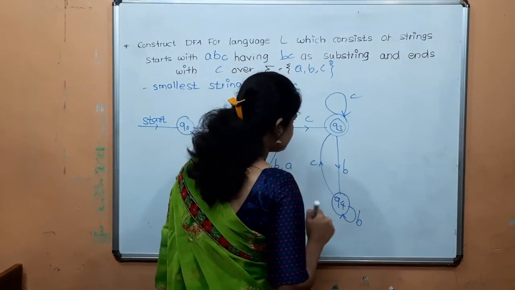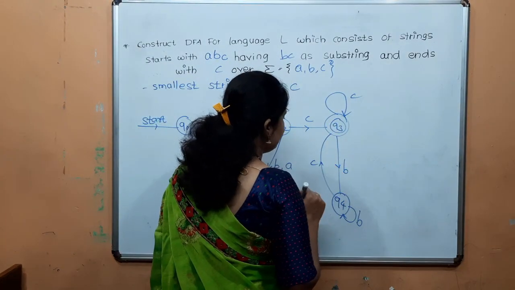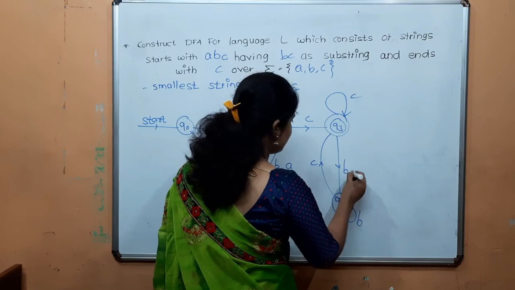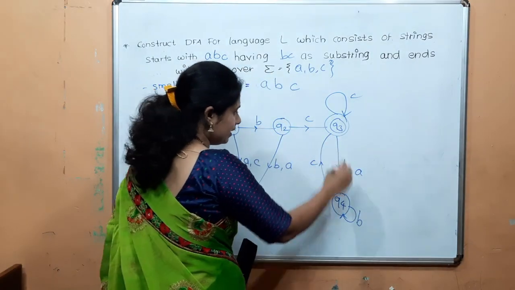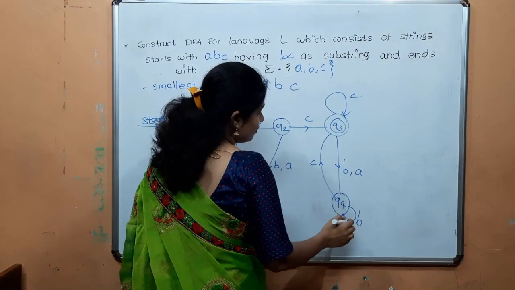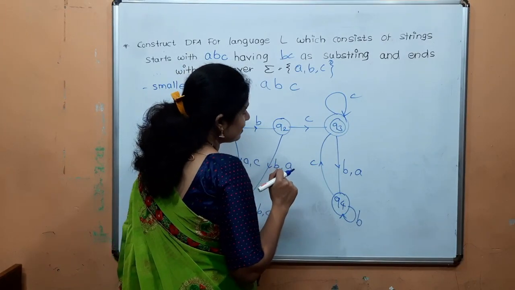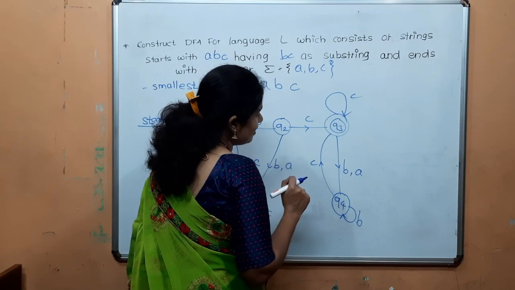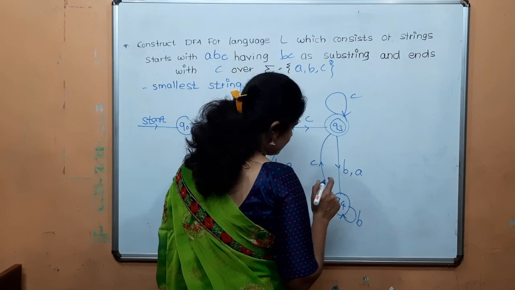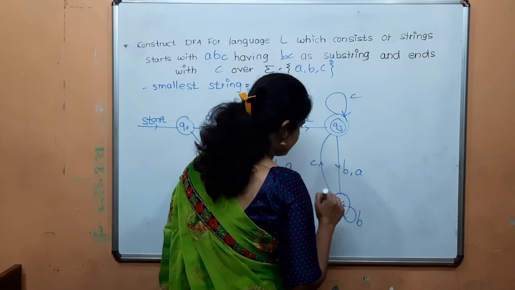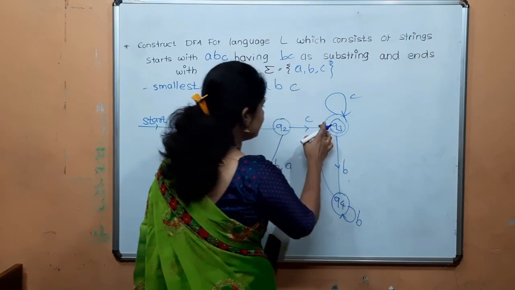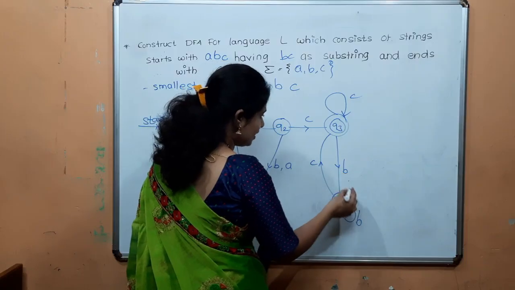After this C, if A occurs, then what can I do? We can give here A, C. Sorry. What can I do? Ends having BC. Yes, having BC. After this C, if A occurs, then what can I do?